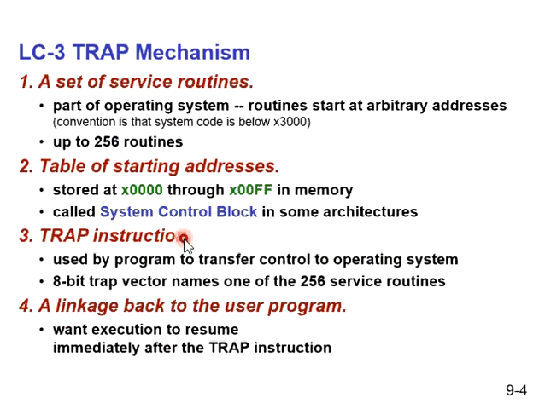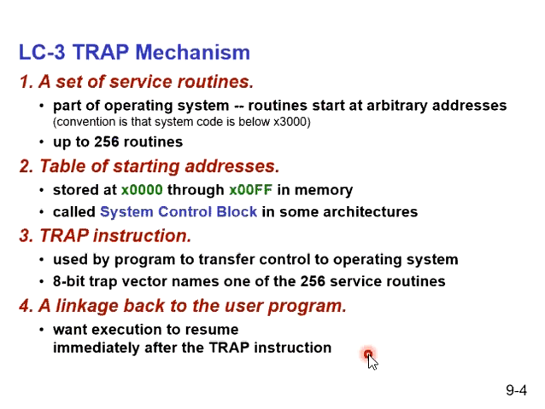With the trap instruction, when you write the program, maybe you want to use a system call. At that time, you can use the trap instruction with the trap vector. So we have a trap vector that names one of the 256 service routines. And at the end, we have a link back to the user program.